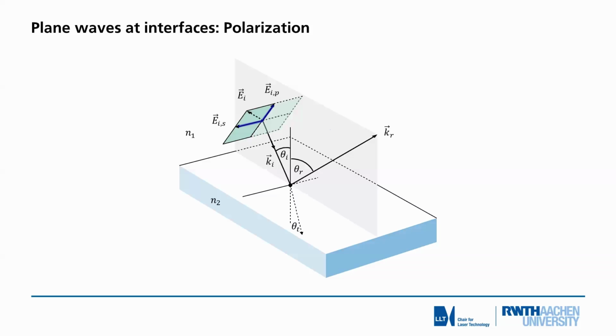So we call these I_P for parallel and I_S, this comes from the German senkrecht, meaning the perpendicular part of the electromagnetic field. So if we know the properties of these two components, we can construct any orientation of the electric field by just superposing the two components, parallel and perpendicular to the plane of incidence.